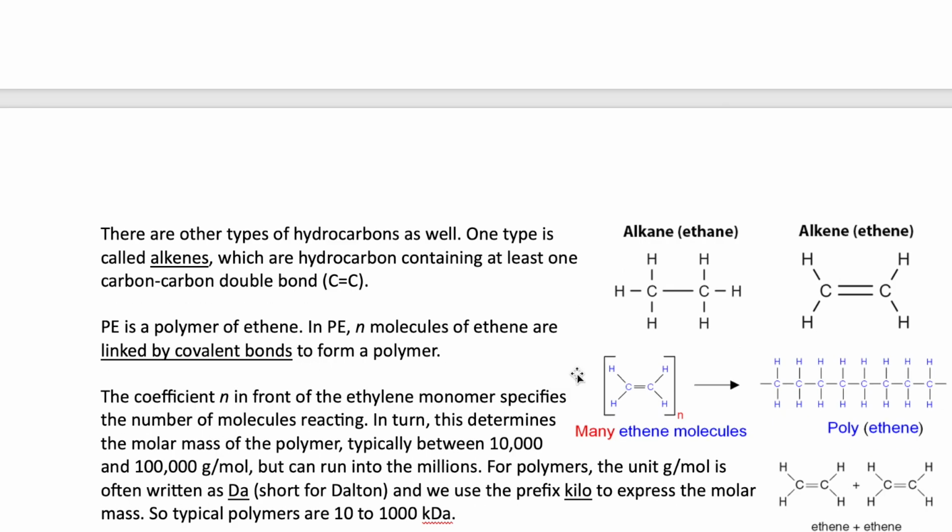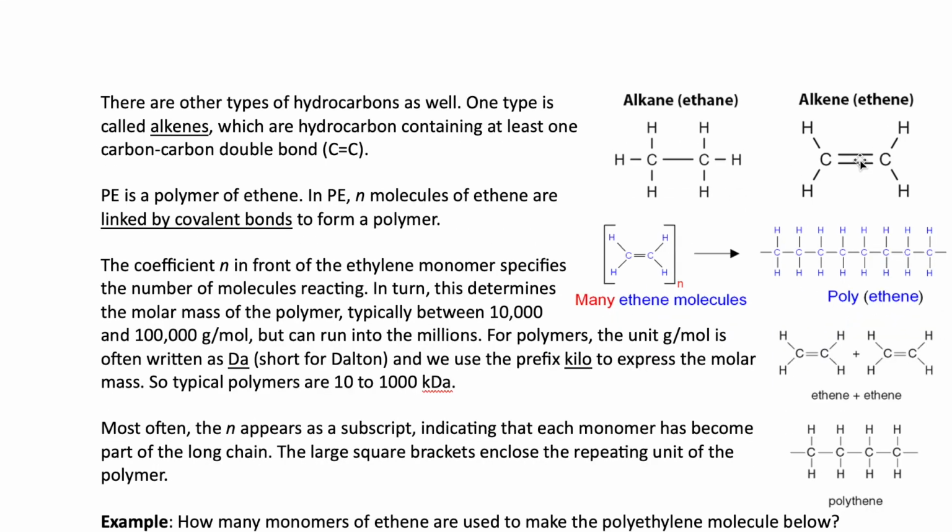And so how you make polyethylene is you combine a number of these ethene molecules, or ethylene molecules, into a bunch of them. So for example, here is showing how that works. You have 2 ethylene molecules, you add them together through a chemical reaction, and now you have this polyethylene molecule that has 2 monomers of ethylene in it.